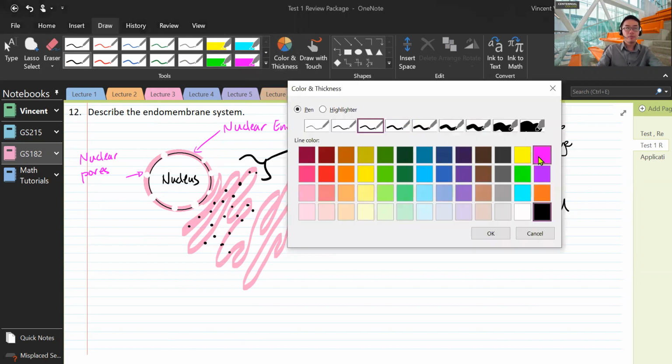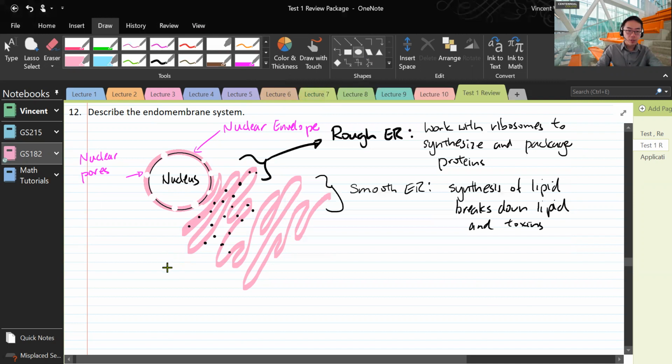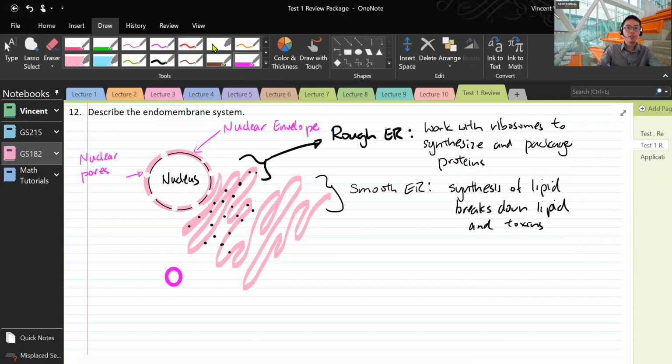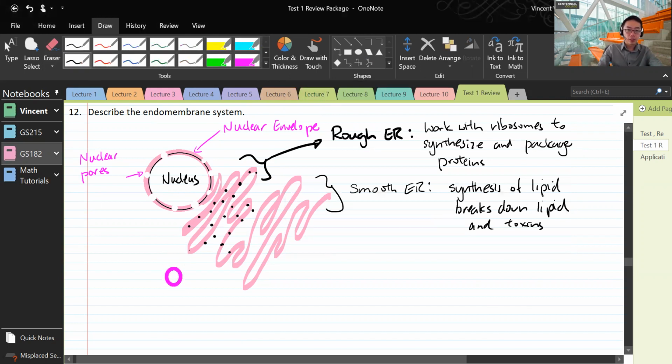So over here, we are going to draw a little vesicle. So there's a vesicle that got budded off from the rough ER, and inside you would have some proteins. So this is a vesicle with proteins in it.